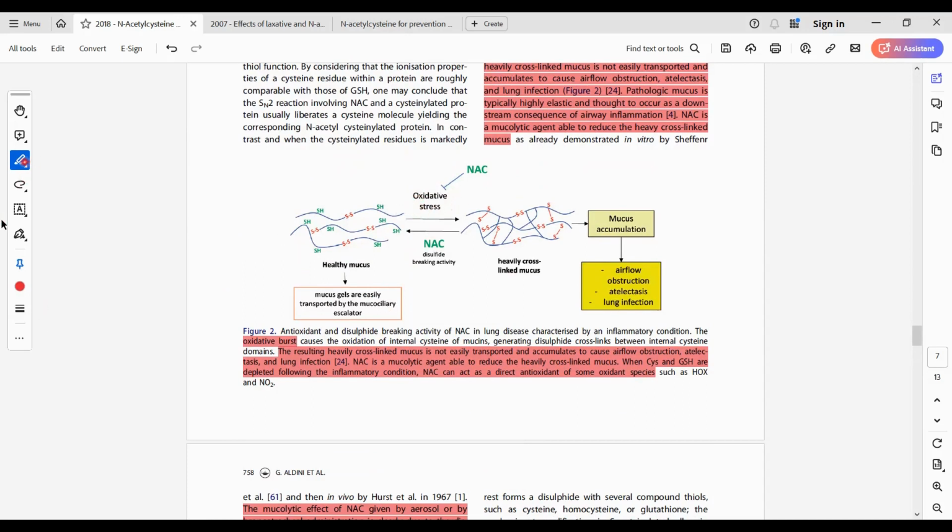So you could also draw here, you could say cysteine, and you could say glutathione. And so what they're saying is if it's not NAC directly breaking up the disulfide bonds orally, its conversion into one of these two is helping clear mucus by blocking the oxidative stress so we don't get more thick mucus. Hope that makes sense, drawing wise.